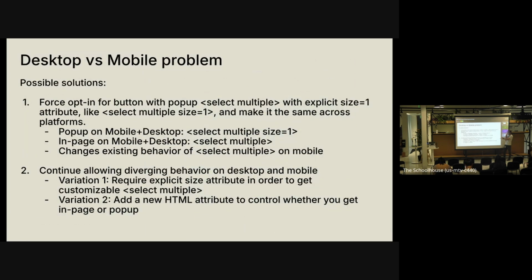But I'd be very curious to hear if people have opinions about doing other things with this. Some variations of this: I mentioned you can set an explicit size attribute to go from the current mobile behavior onto the in-page, and use the size attribute to get the button and the pop-up on desktop.